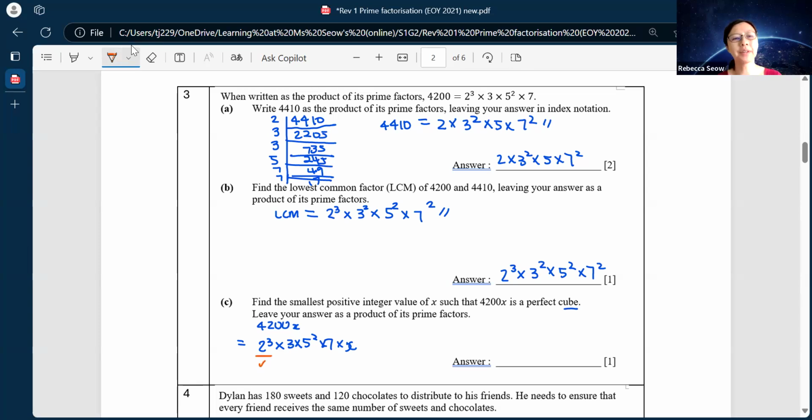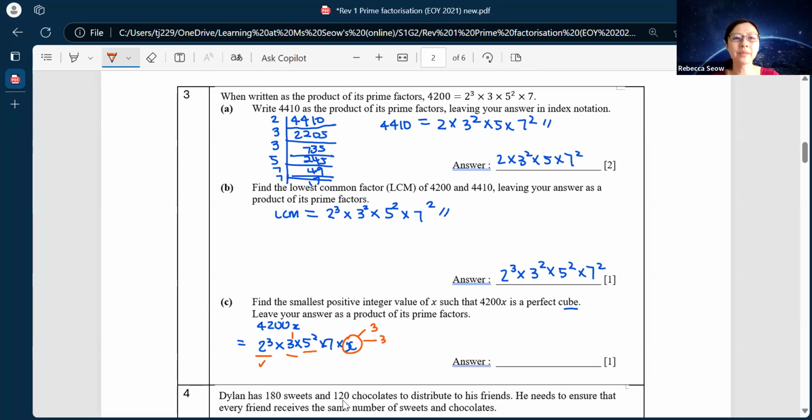2 to the power of 3 is already a cube number, so we don't do anything to that. We don't multiply any more times of 2. Now 3 is a standalone, power is 1. We will need to multiply two more times of 3 that will come under x, so that these 3 times of 3 when multiplied together will give you 3 cubed.